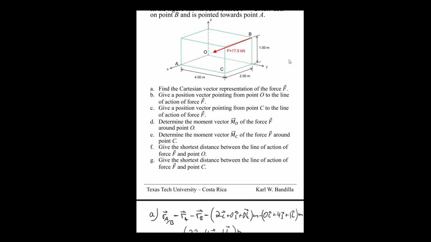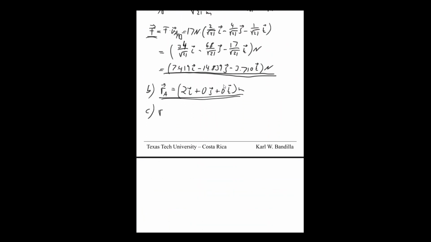All right, so we can say, we go from C to A, so our RAC is equal to RA minus RC.